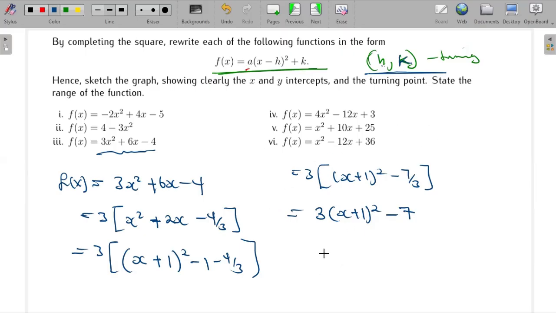So first of all, we get the x-intercept because we've completed the square. X-intercept is when y is 0.